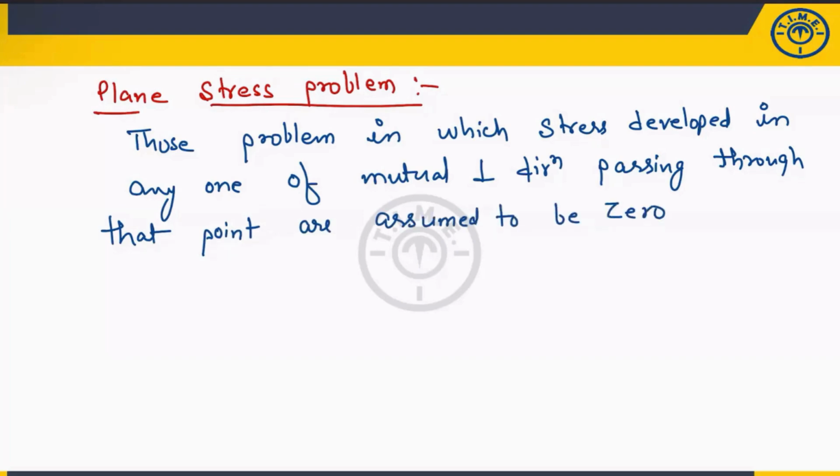That means plane stress problem means when the stress is acting only on one plane. One plane means x and y direction. In z direction, the stress value will be zero. So that is the meaning of plane stress problem.